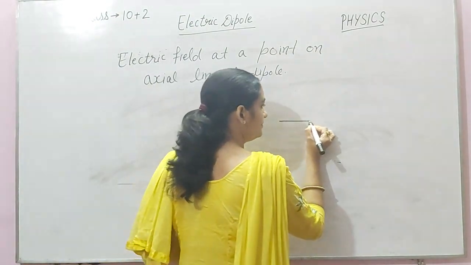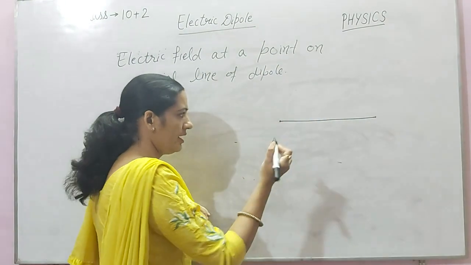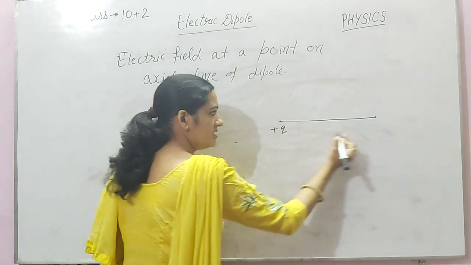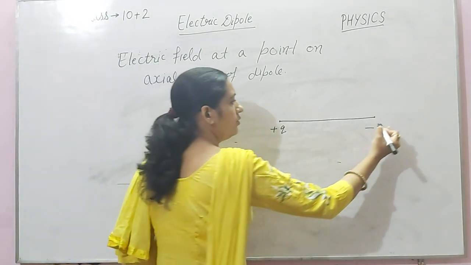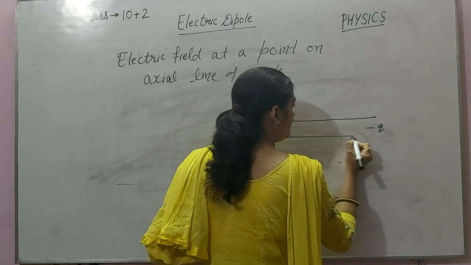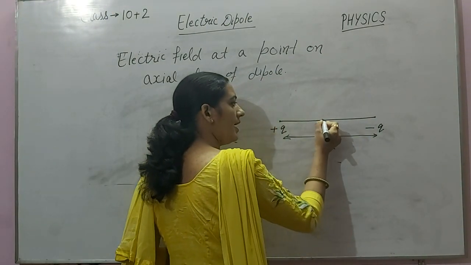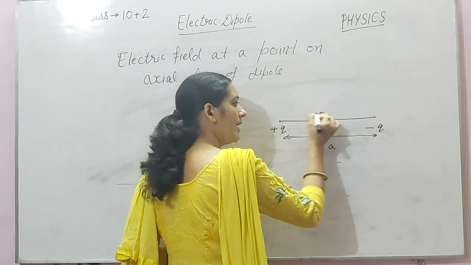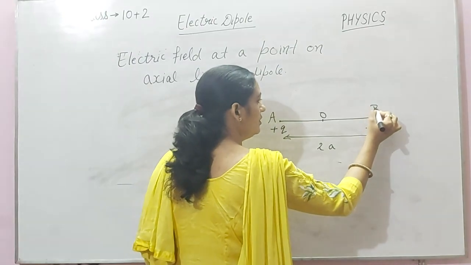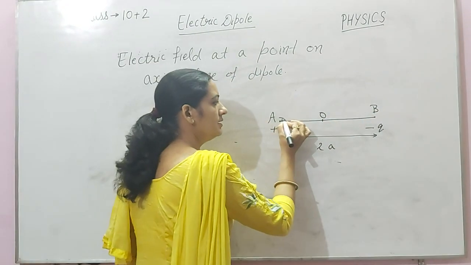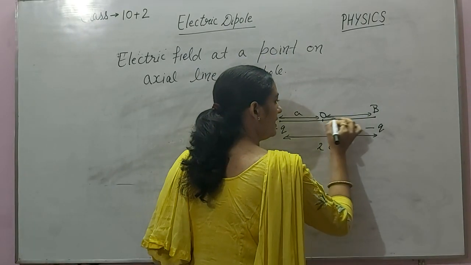Consider a dipole. One charge is plus q charge, another charge is minus q charge. Length of this dipole is considered as 2a. If I take O as a center, and AB is the dipole, then this one is a and this one is a.